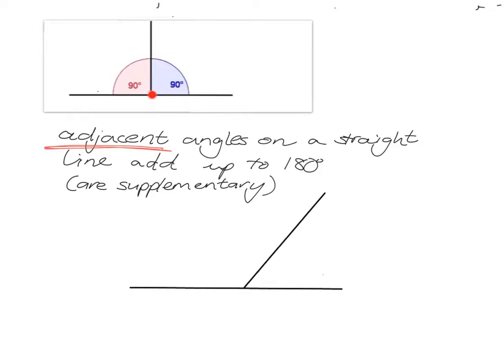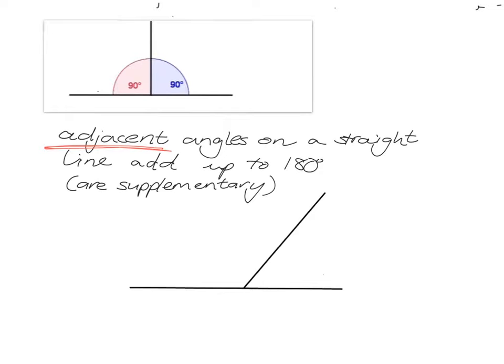They share a common vertex, a common point where the lines that make the angles meet. And they are next to each other. They share a common arm as well. So adjacent angles are angles that are next to each other, sharing a common vertex and arm.